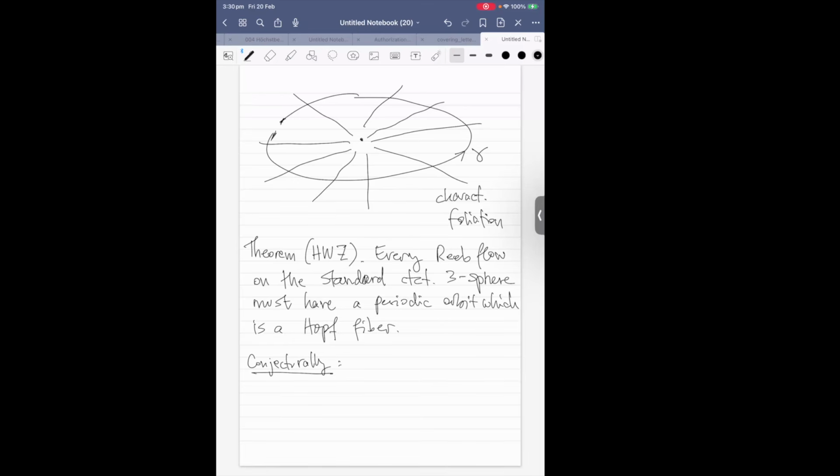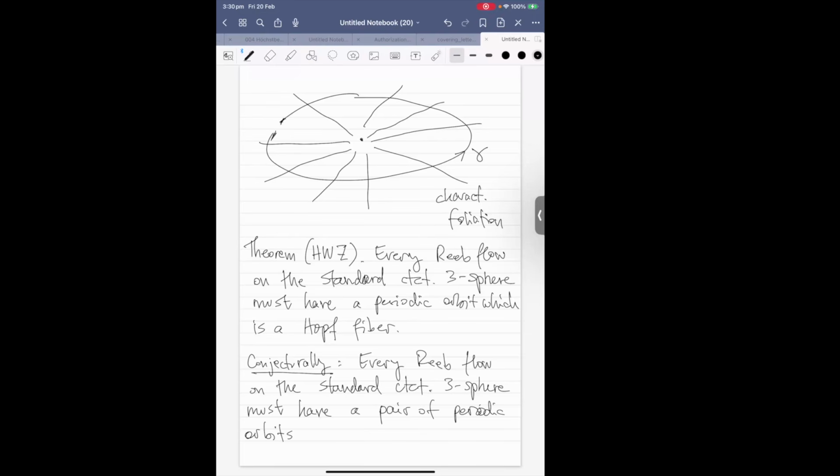So conjecturally, at least I would say that every Hopf flow on the standard contact 3 sphere must have a pair of periodic orbits forming a Hopf link.